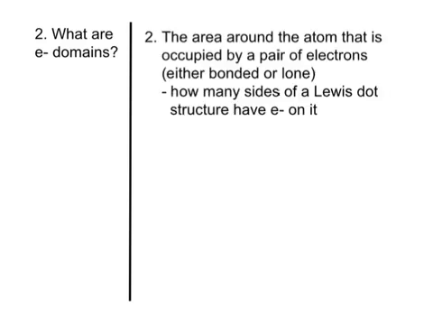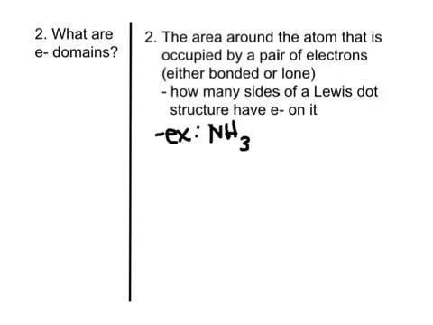An electron domain is basically the area around an atom that is occupied by a pair of electrons, whether it's bonded electrons or lone pair electrons. So when we're looking at a Lewis dot structure, it's basically how many sides of it have electrons on it. Let's take a look at a few examples.